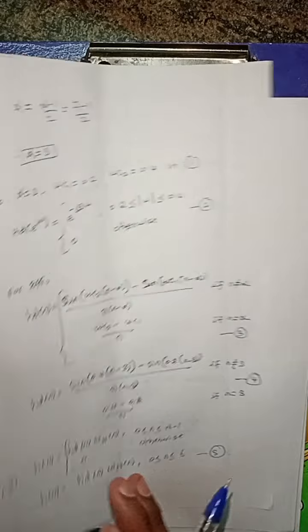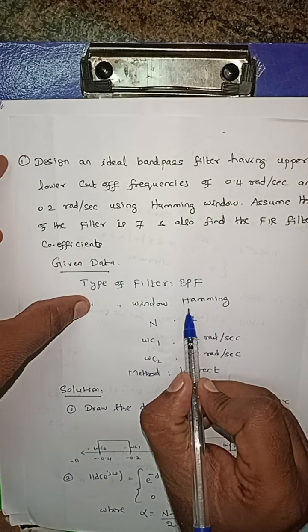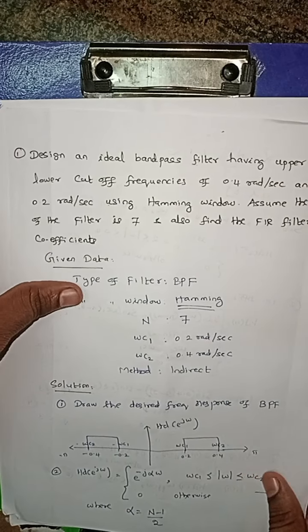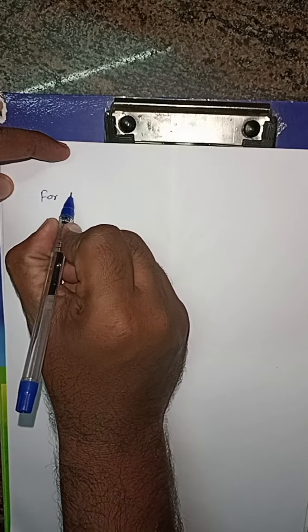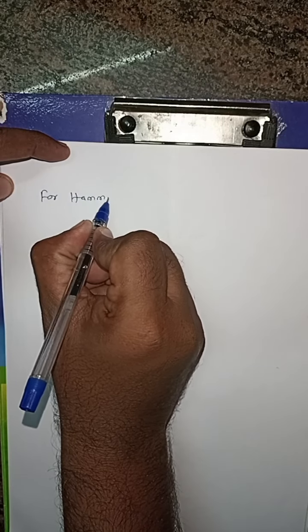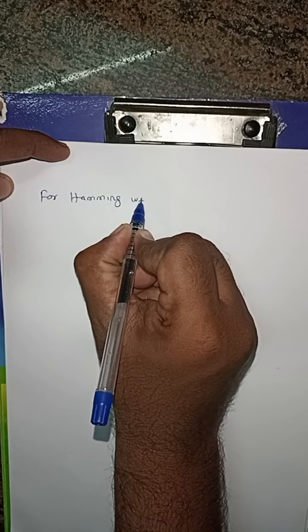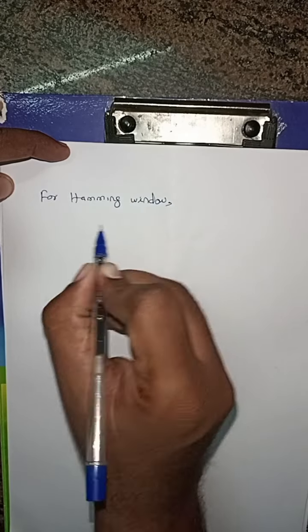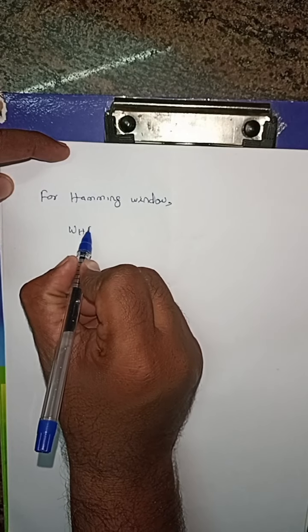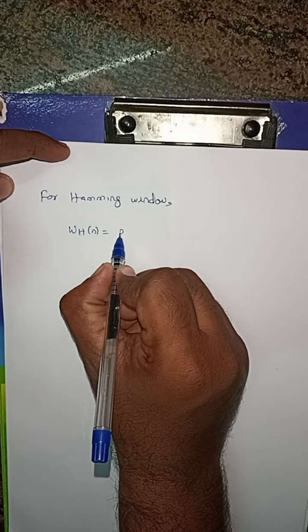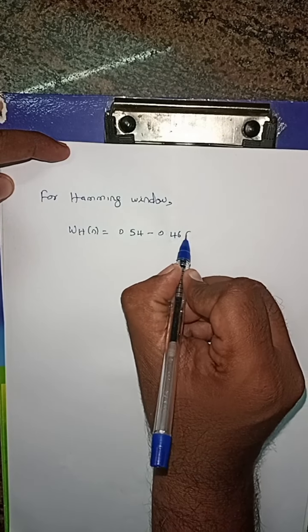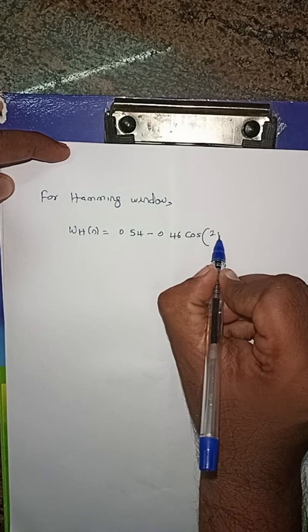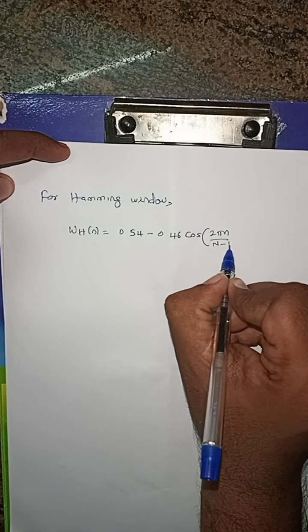Here we are asked to find the type of window, which is given as the Hamming window. So we have to write the basic Hamming window equation now. For the Hamming window, the window equation is wH(n) equal to, we already know this equation, 0.54 minus 0.46 cos of 2 pi n by (N minus 1).